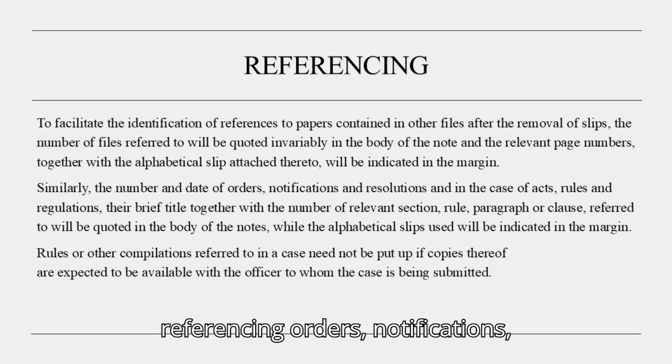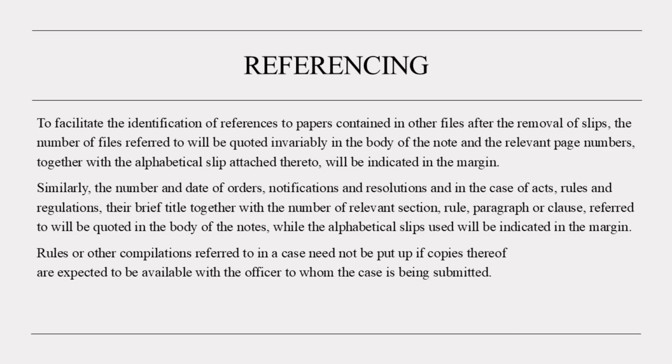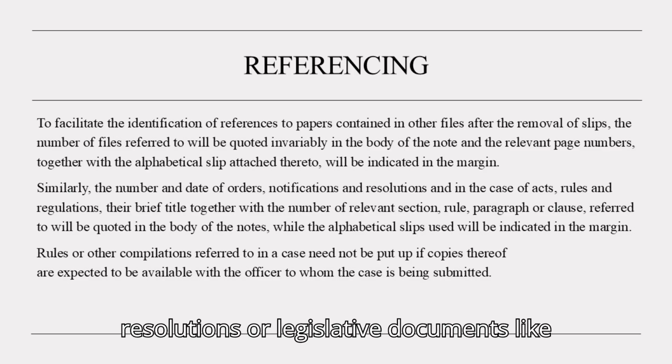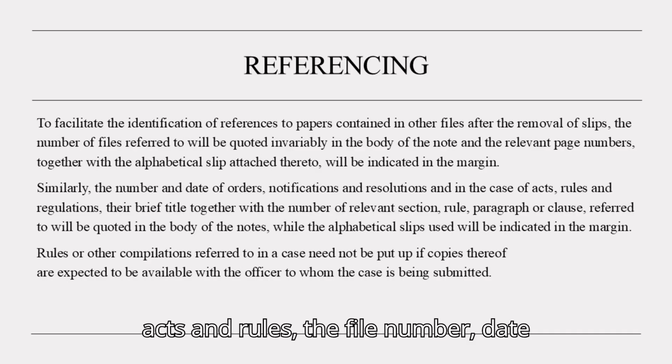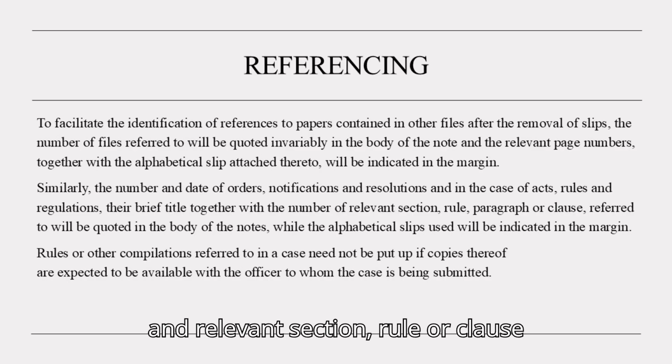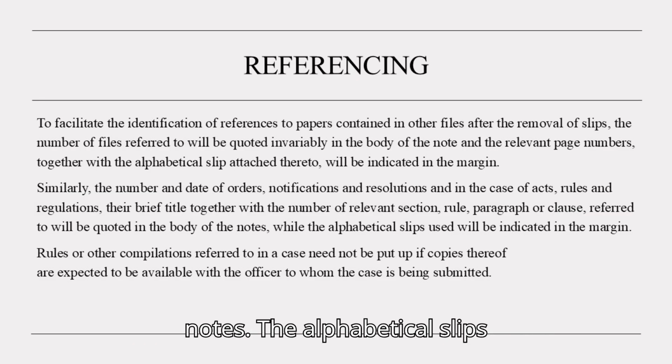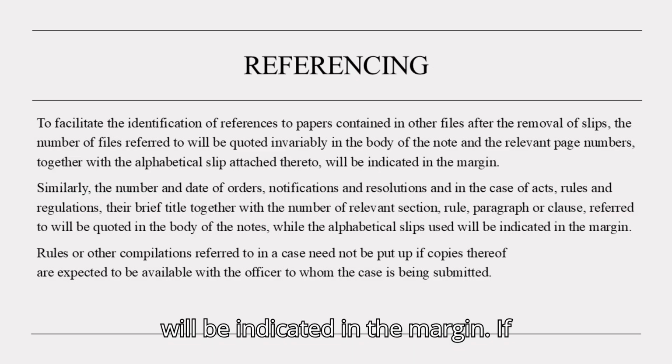Similarly, when referencing orders, notifications, resolutions, or legislative documents like acts and rules, the file number, date, and relevant section, rule, or clause should be mentioned in the body of the notes. The alphabetical slips will be indicated in the margin.